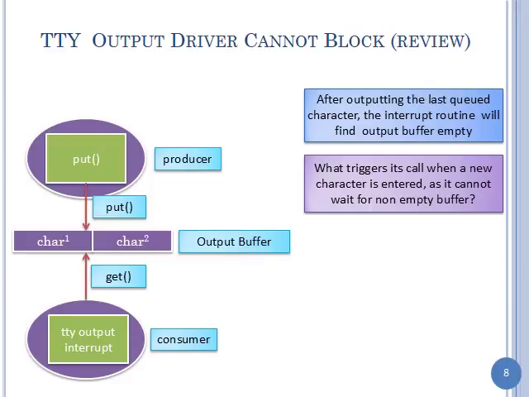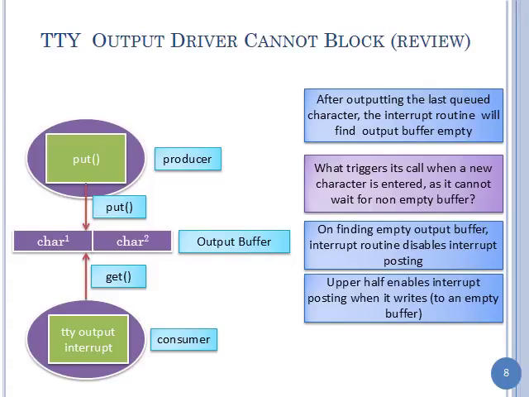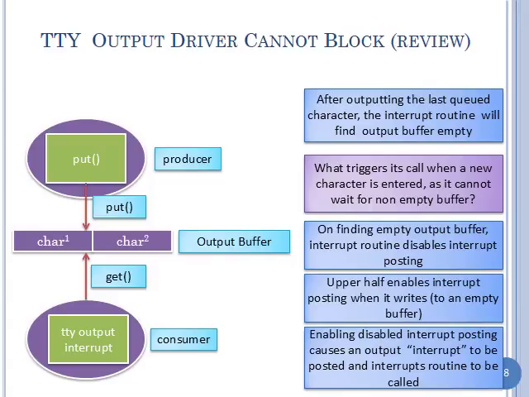The output device will always interrupt after it has finished an operation, to say I'm ready for more. When there are no more operations to do, interrupts are disabled. It doesn't wait; it just disables interrupts, and every time the producer puts something into an empty buffer, it enables interrupts, which causes the interrupt to be posted, and the cycle of processing interrupts to start. So that's the part that we talked about in the background material.